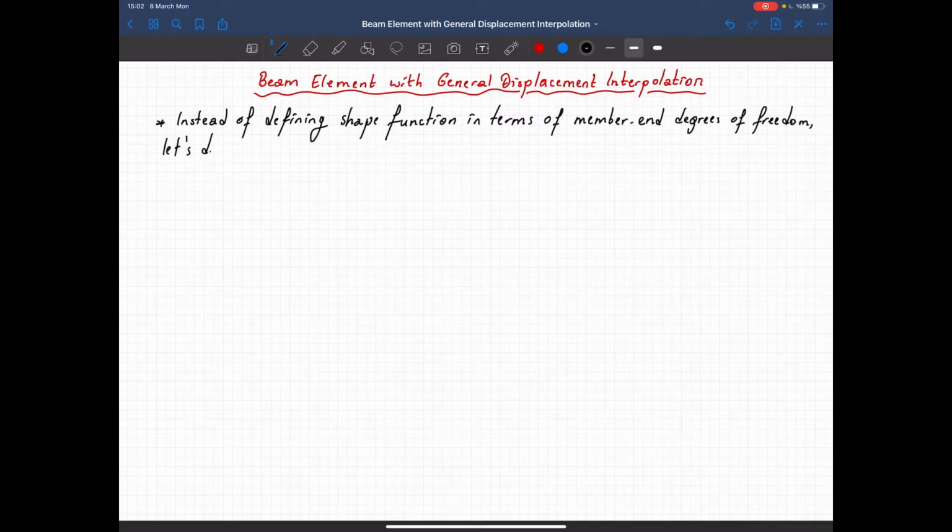Let's define them in general polynomial terms.